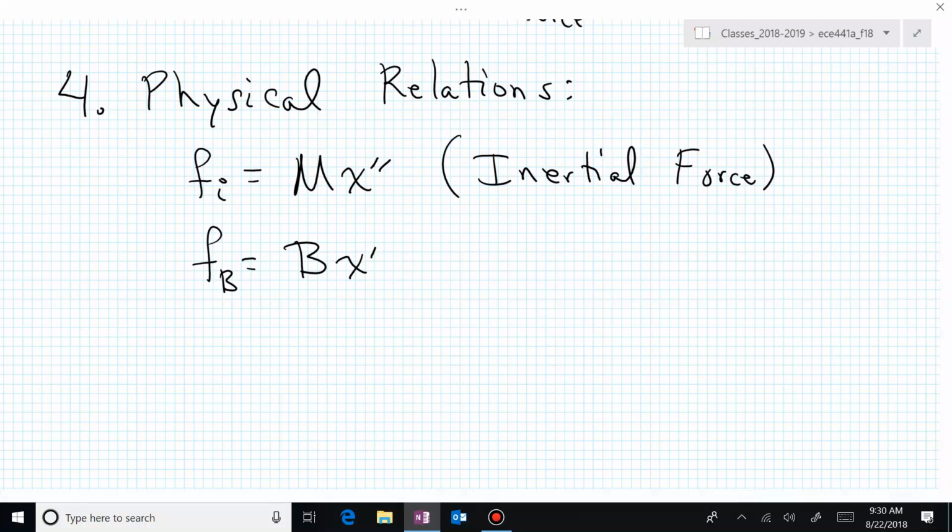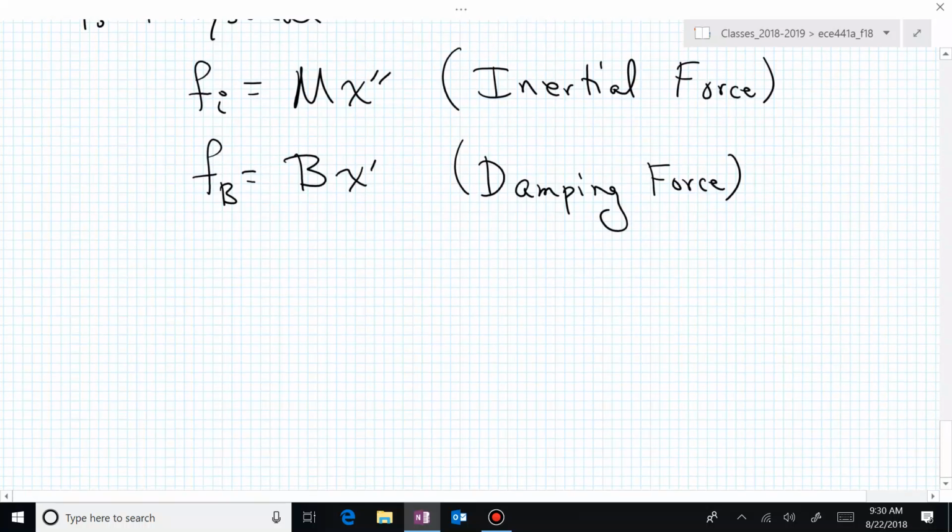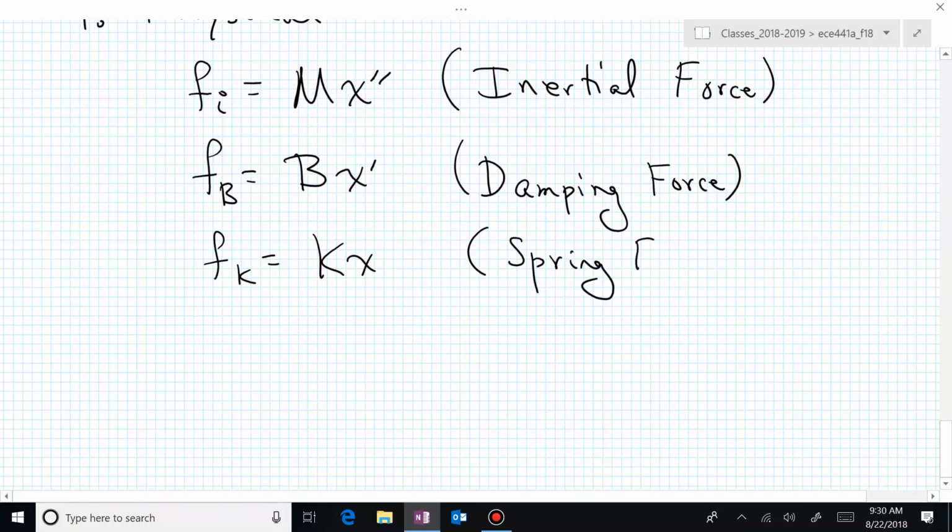That's how we're assuming the dashpots will be modeled in this class. Here's our damping force. And if you wanted a shock absorber, it would include the damping and the spring, where F sub K is our spring force, k times x.